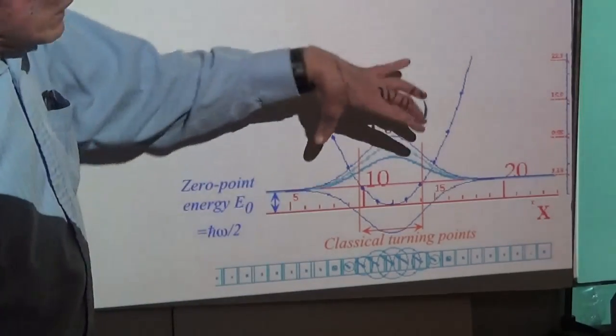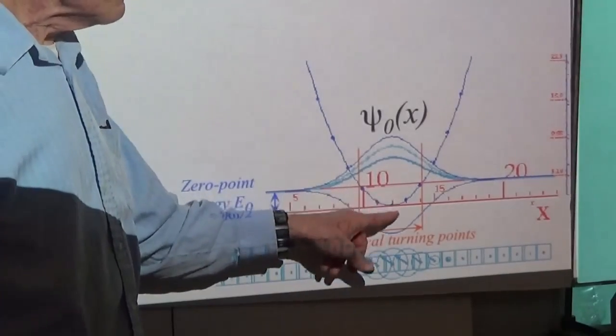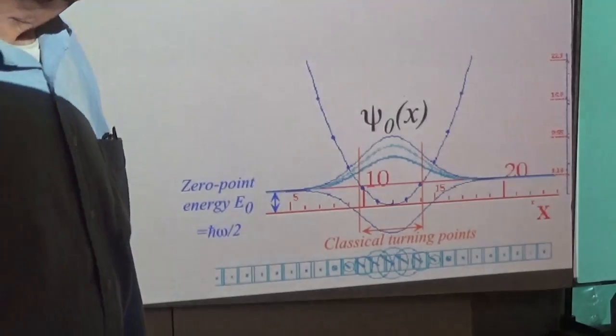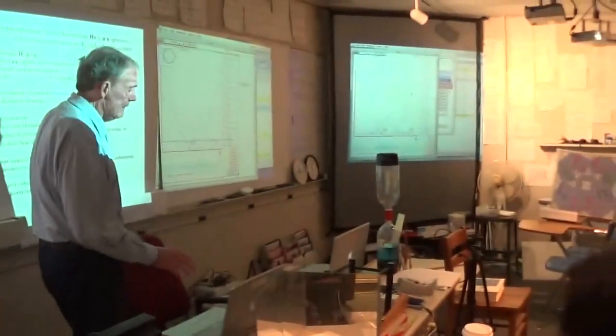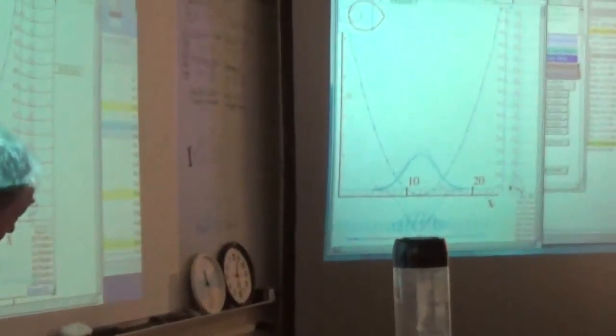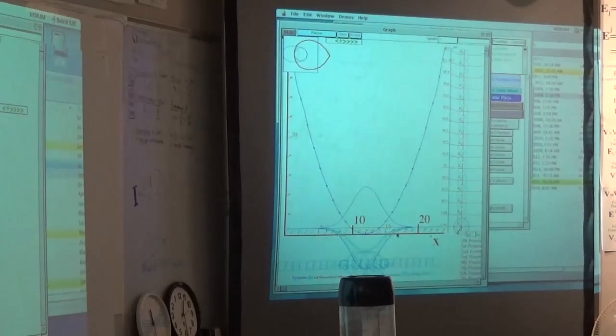Now, a finite square well has a tail and a zero-point motion that varies in a complicated way. This one is so simple. The real and imaginary part of the wave function oscillate at the frequency of the oscillator, right? So this frequency right here is exactly equal to, in units of h bar, 1/2. 1 unit is right here.